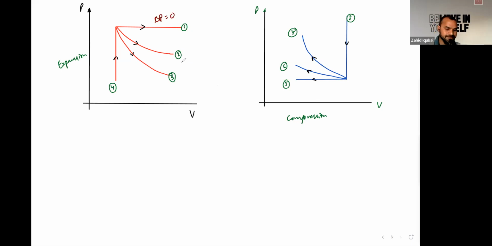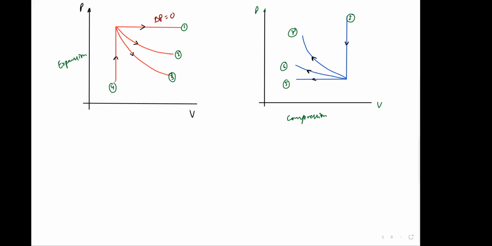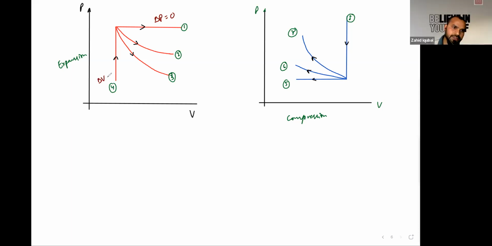Next, second. Tell me about the fourth. What is constant here? Volume. Good. So it will be isochoric. For 2 and 3, we have to check the steepness.